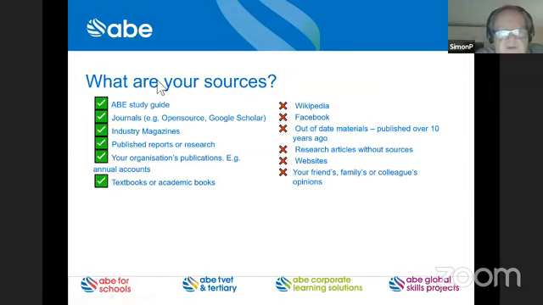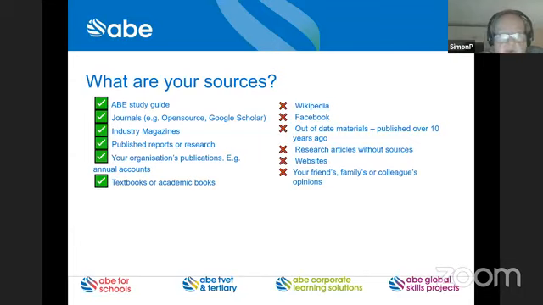And then you've got various other sources, particularly magazines or publications issued by industries, whether local trade associations or international trade associations, that publish reports and research, particularly by organizations and what we call NGOs, non-governmental organizations, whether they are in-country or international. They publish reports, for example, the World Bank, the OECD, UNESCO, and so forth. They publish research into country reports, but also into industry and trend reports.